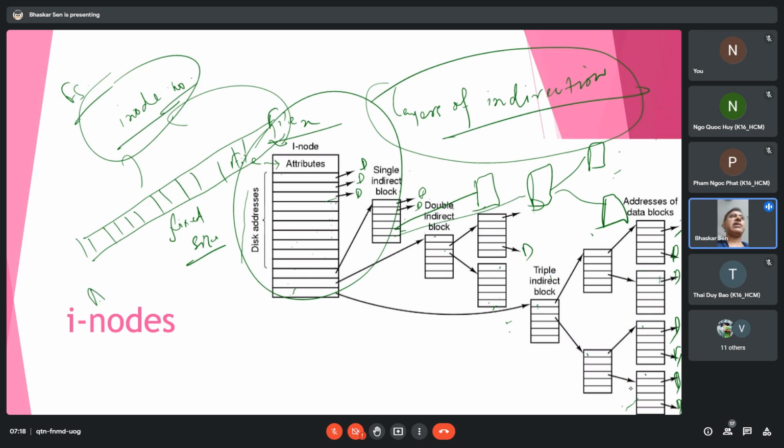This is an array structure associated with each file, file X. And what is there? All the disk addresses of the nodes. All the disk addresses will be stored right here. One per file. Each file has one such data structure or array associated with it.